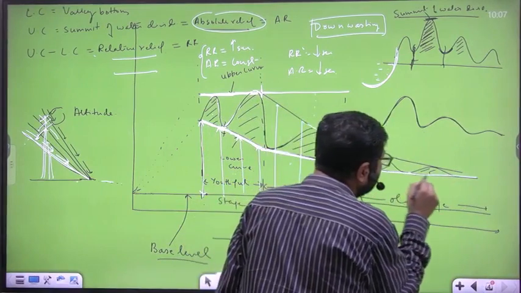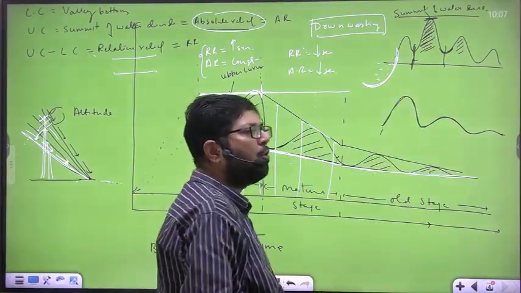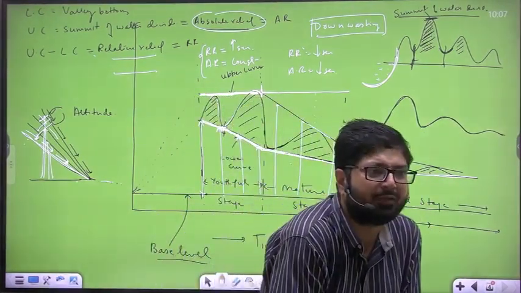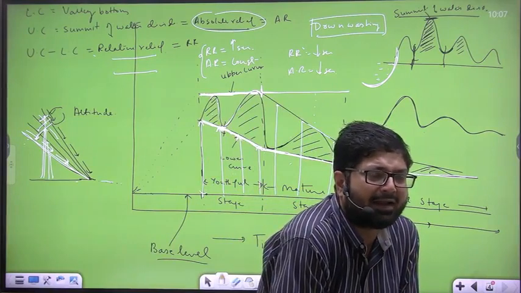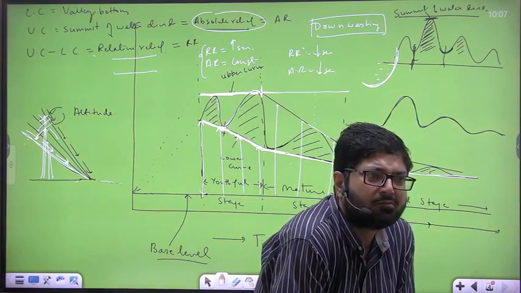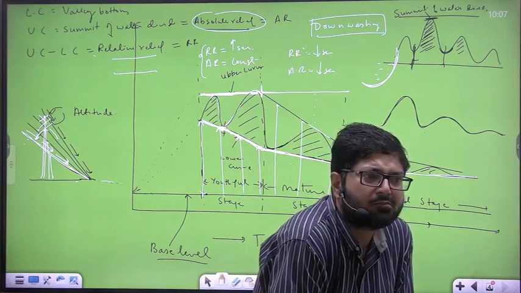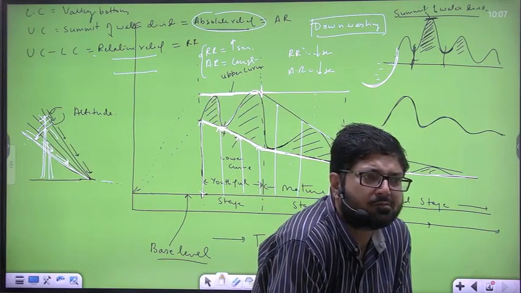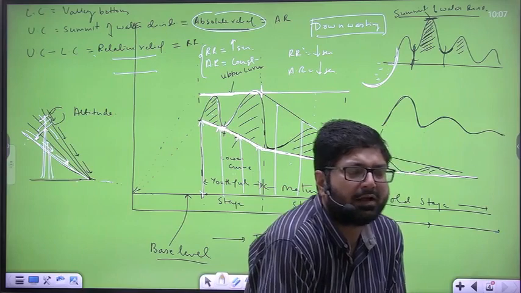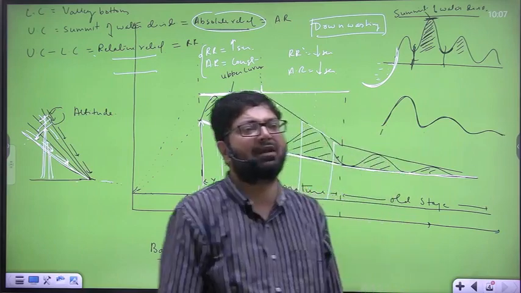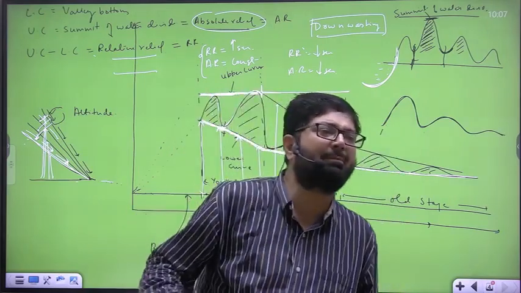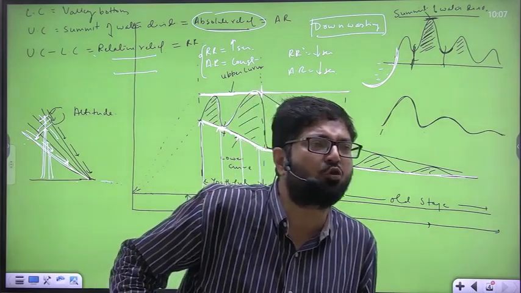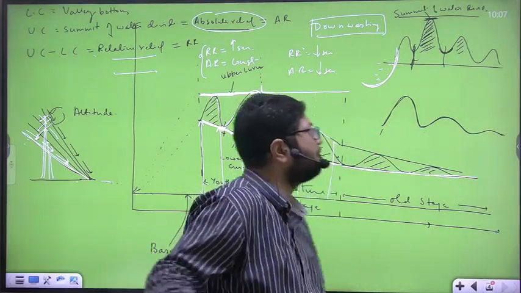The river no more deepens its valley. Can anybody tell me what it means? When does the old stage begin? When valley deepening stops. The river is no more able to deepen its valley.